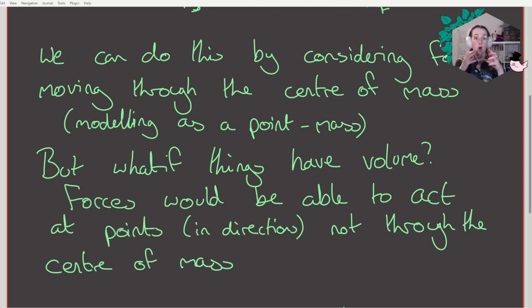So now things can act not through the center of mass. And then how do we work out their effect? How do we deal with it?